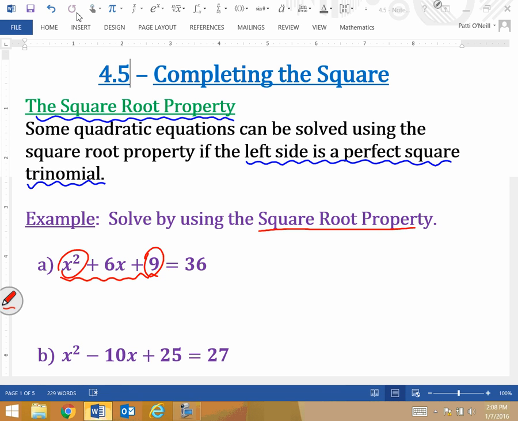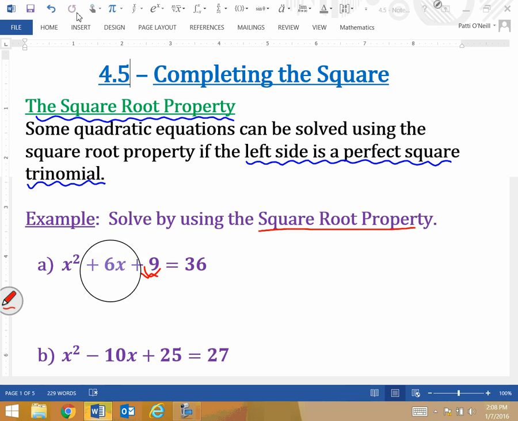Like this is x being squared and this is 3 being squared. If we multiply those values that are being squared together, 3 times x, and then double it, and we get the middle term, that's considered to be a perfect square trinomial.